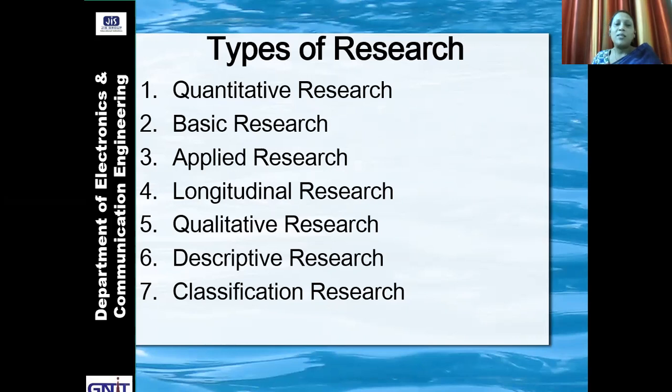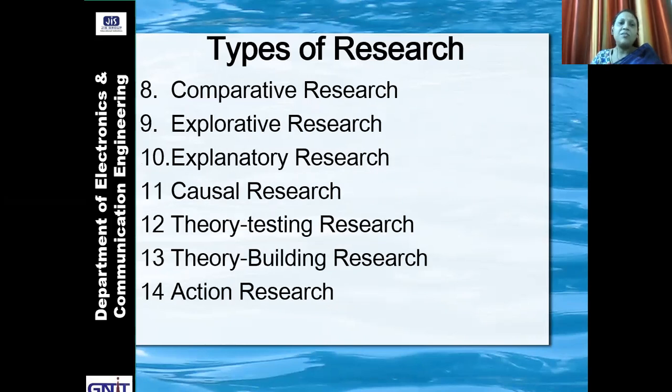Fifth, qualitative research. Sixth, descriptive research. Seventh, classification research. Eighth, comparative research. Ninth, explorative research. 10th, explanatory research. 11th, causal research. 12th, theory testing research. 13th, theory building research. 14th, action research.